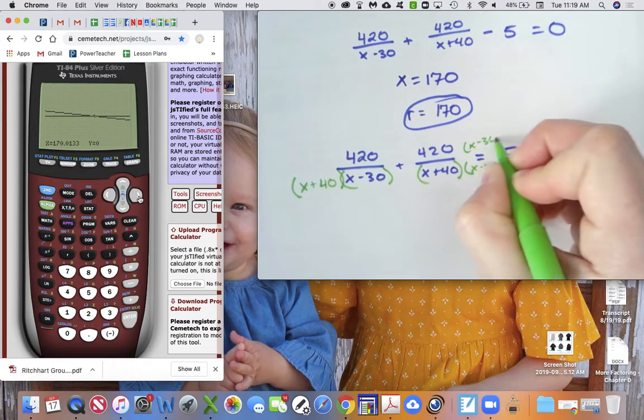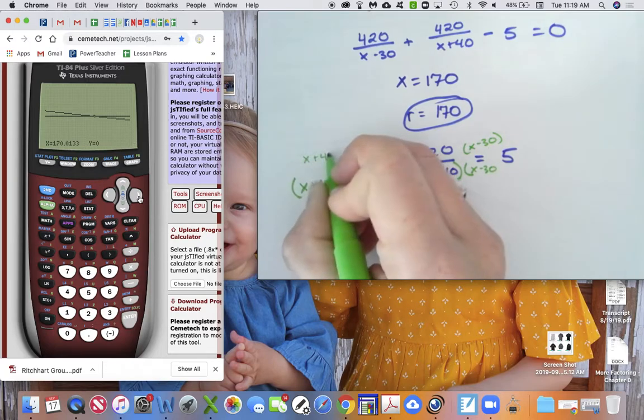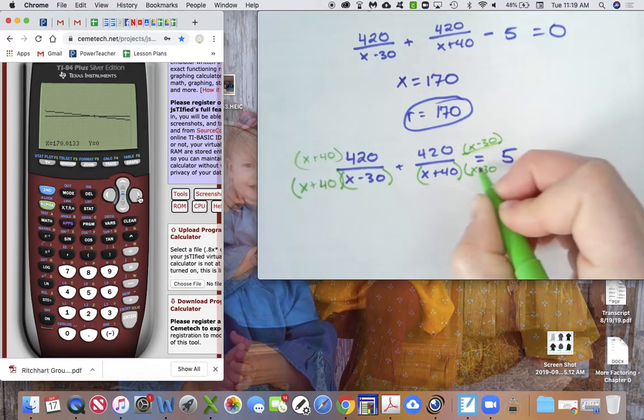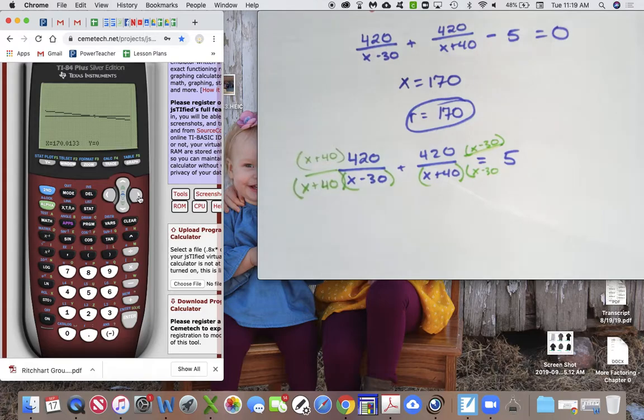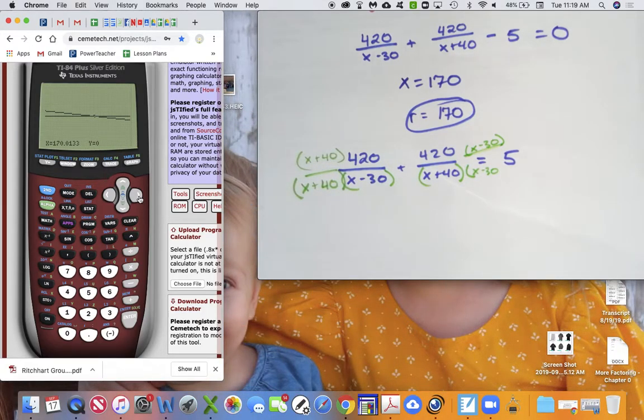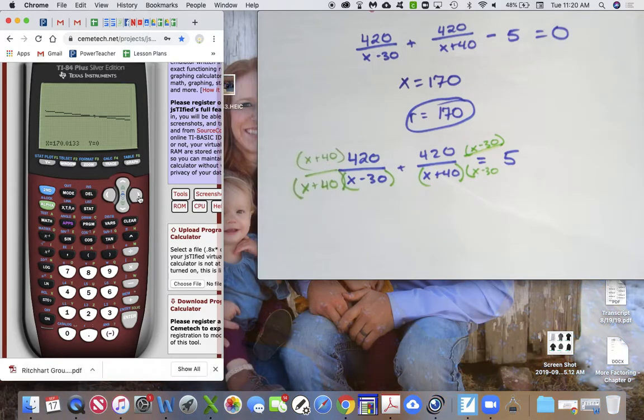Start over. Don't write this down, but watch. I'm going to see if I can get 170 by doing the algebra. So x plus 40, x minus 30. That's my common denominator, right?